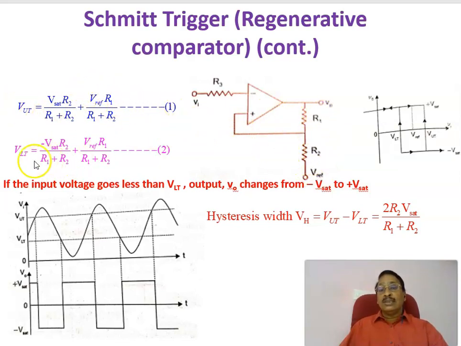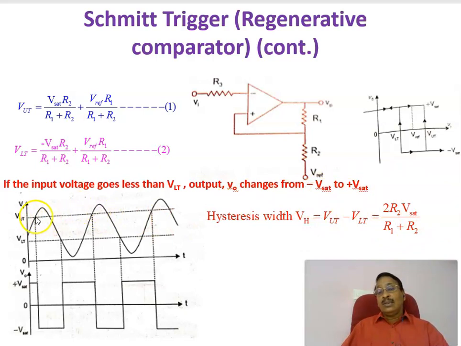The lower threshold voltage, when minus Vsat comes here, is minus Vsat divided by R1 plus R2 into R2, plus V reference divided by R1 plus R2 into R1. The difference, VUT minus VLT, is the hysteresis voltage, which is twice the reference voltage into R2 divided by R1 plus R2.